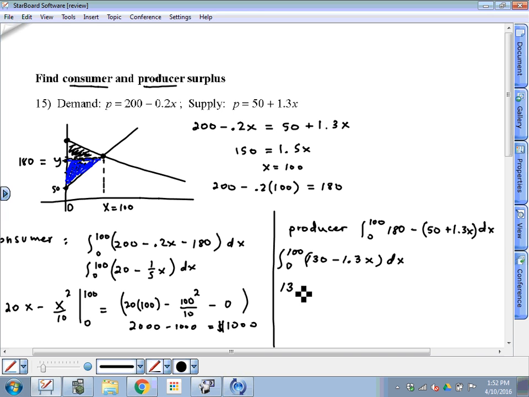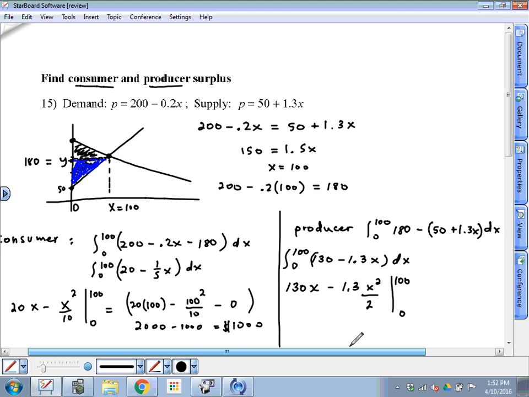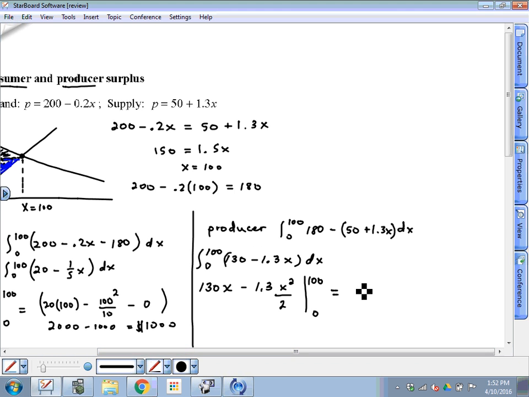So the antiderivative becomes 130x minus 1.3 times x squared over 2. So we evaluate this antiderivative from 0 to 100. With the upper bound of integration, 100, we have 130 times 100 minus 1.3 times 100 squared over 2. So there's the antiderivative of the upper bound.